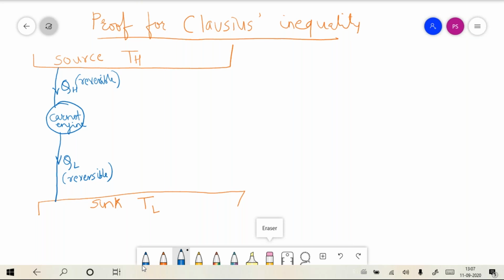By reversible heat transfer, I mean that when the heat is being accepted by the working fluid of this Carnot engine, the working fluid is accepting the heat at a temperature which is almost TH.